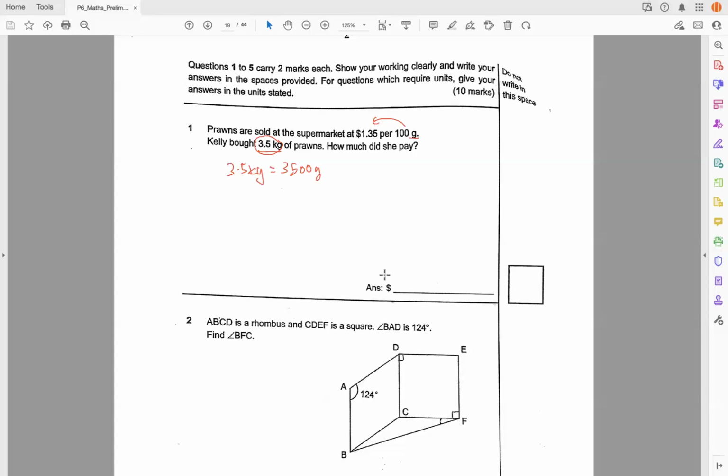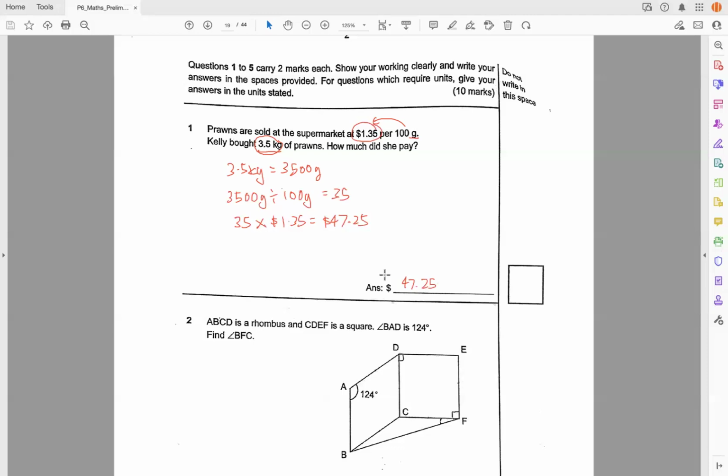So how many groups of 100 grams are there in 3,500 divided by 100 grams? You get 35 groups. So each 100 gram is $1.35. There are 35 groups of 100 grams. So 35 multiplied by $1.35. And answer is $47.25.